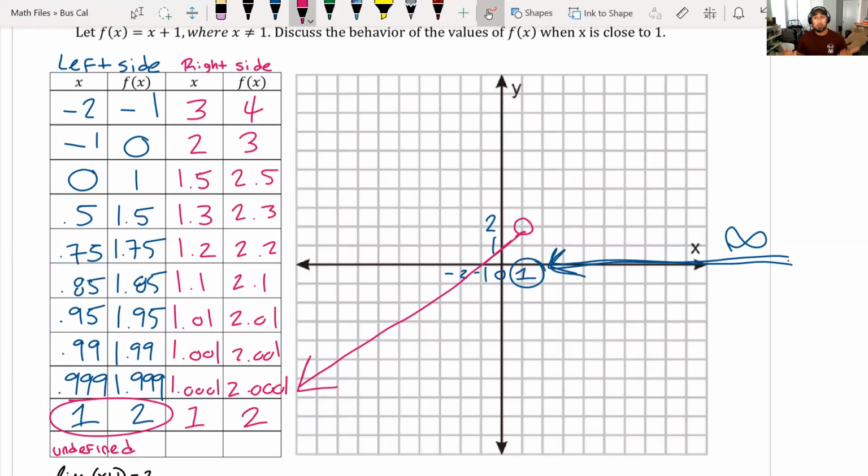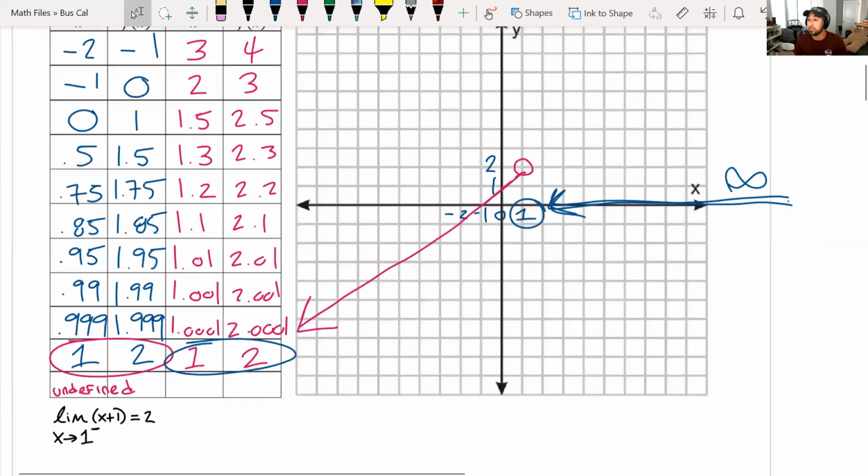But once again, can y actually be at 2? And the answer again is no, because we cannot use the x value of 1. We can only get really, really close to 1, but never touch it. Okay, and once again, this is going to be considered an undefined point.